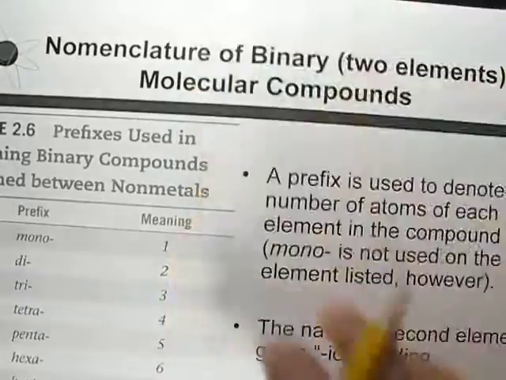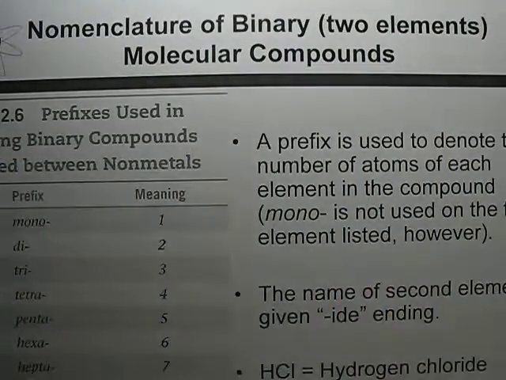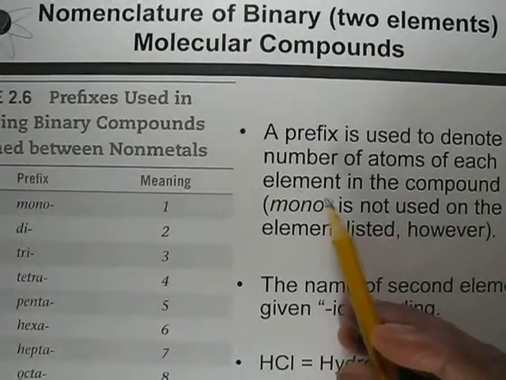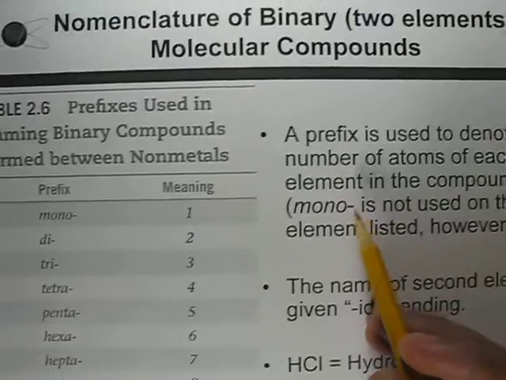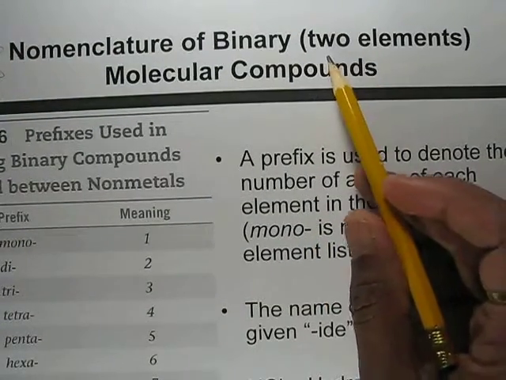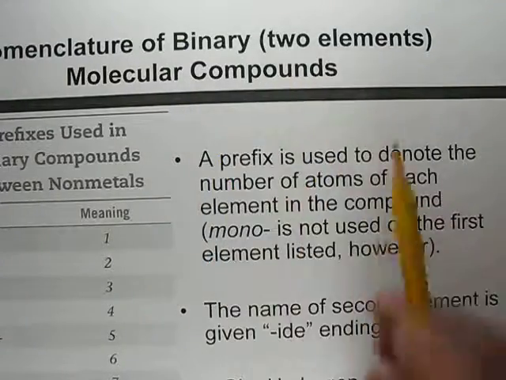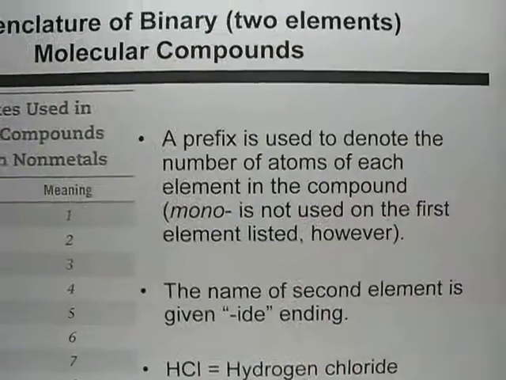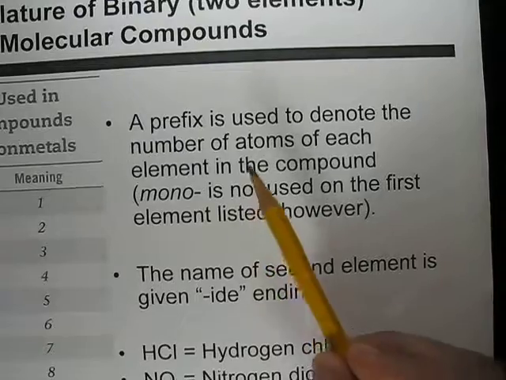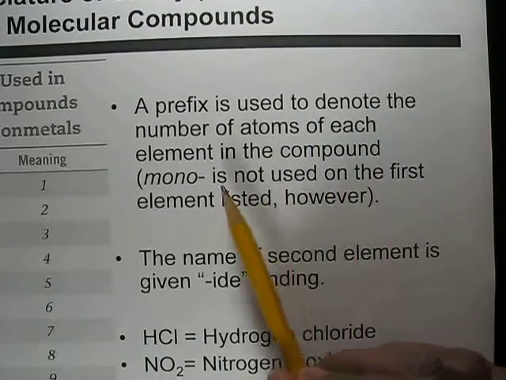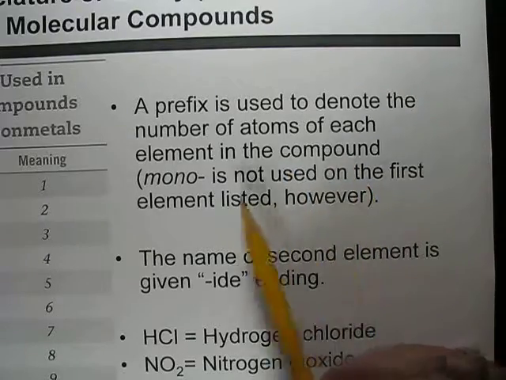In the case of a binary molecule, two non-metal elements form a molecular compound. To name binary molecules, a prefix is used to denote the number of atoms of each element in the compound.